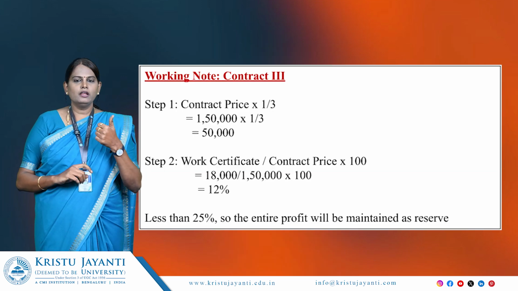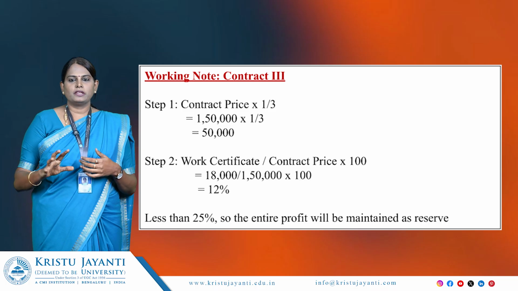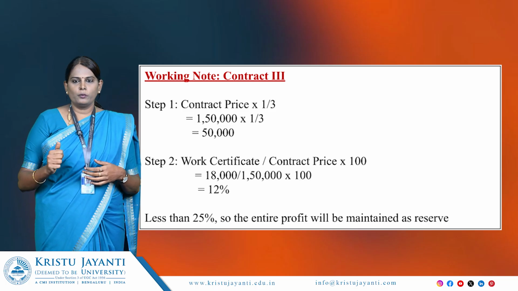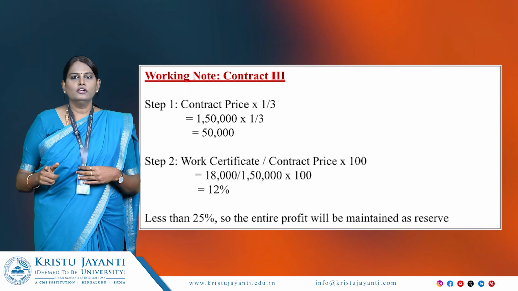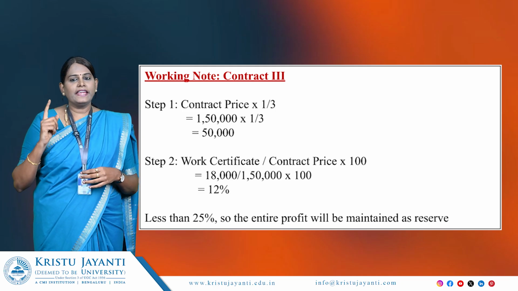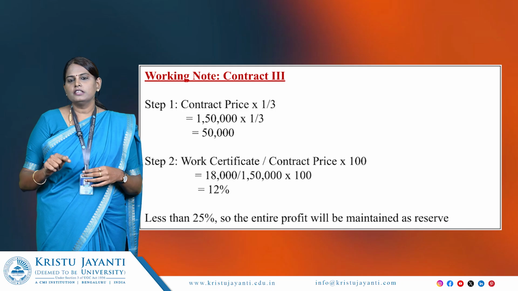Again, in the same way, you need to start with 2 steps of verification. Step number 1, how much is 1/3 of the contract price? 1/3 of the contract price is 50,000. I told you in contract 1 itself, always work certified should be more than 1/3 of the contract price. So if you look into this problem, how much is your work certified? It is 18,000. But how much was 1/3 of the contract price? It is 50,000.